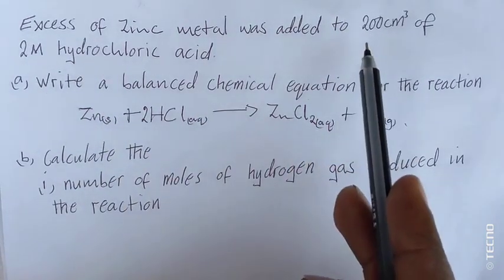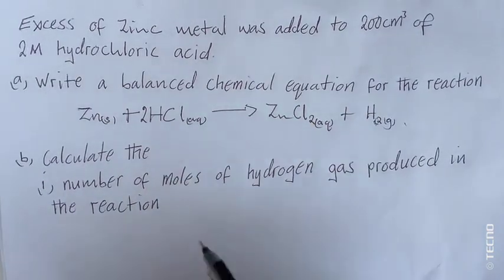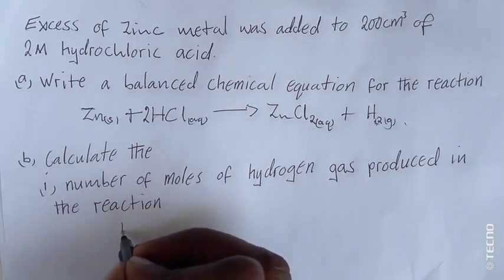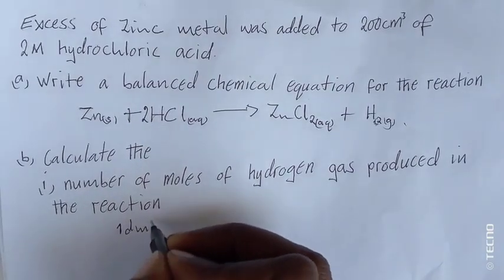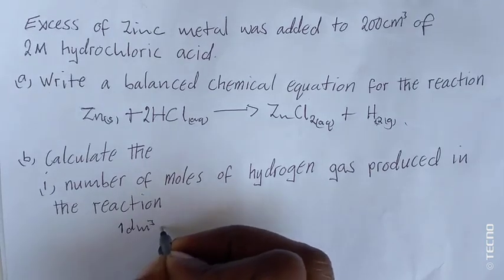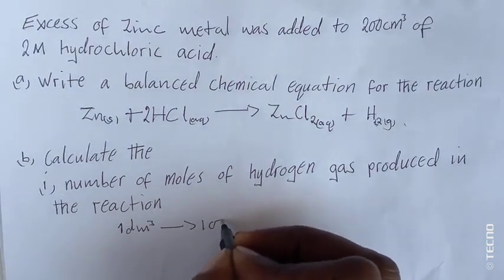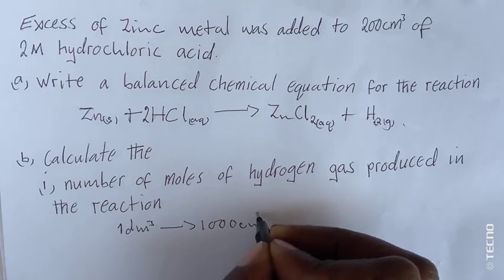So let's change this into decimeter cube. We are saying that 1 dm³ is equal to 1000 cm³.